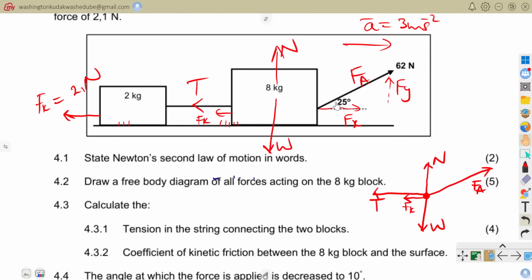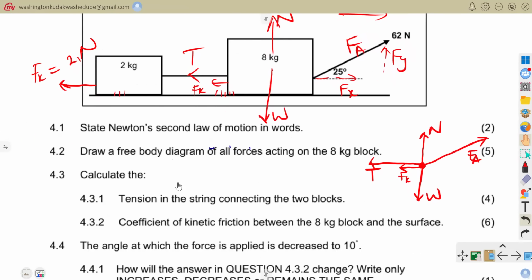Since we now have our free body diagram, calculate the tension in the string connecting the two blocks. The tension we want to calculate is the tension between these two. It can be in that direction if we are looking at this object.